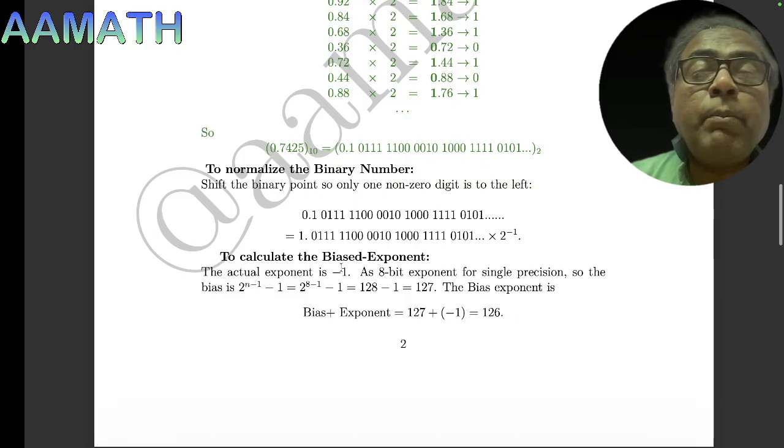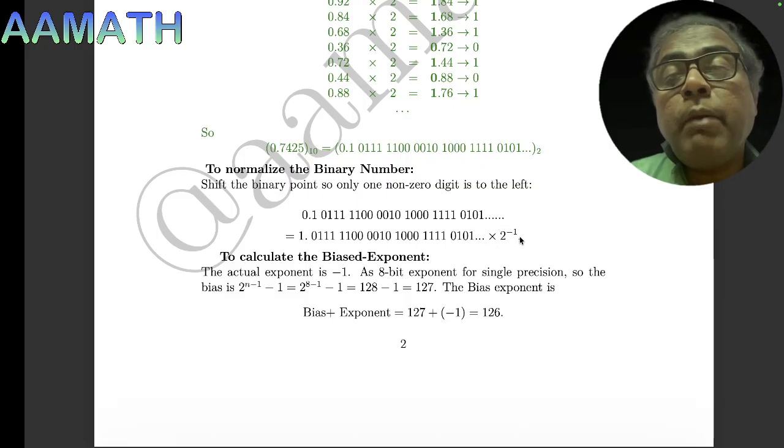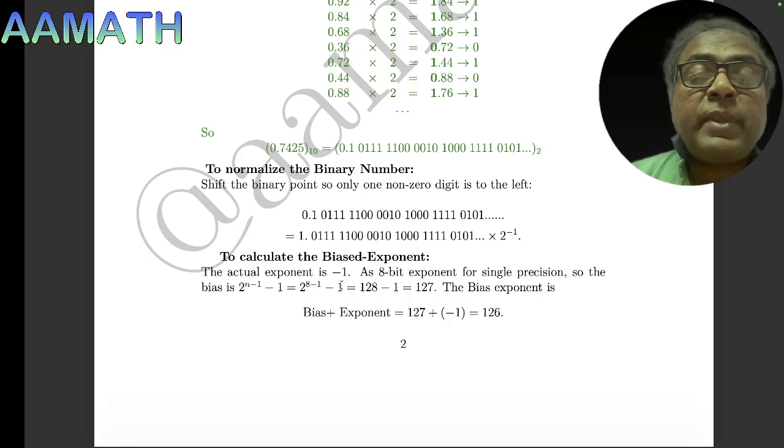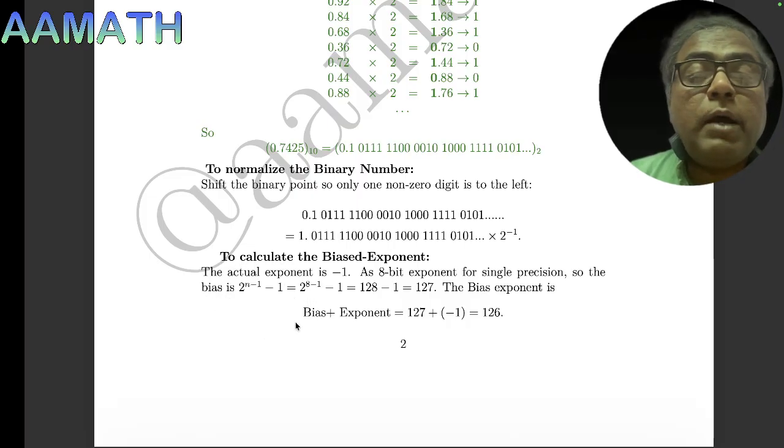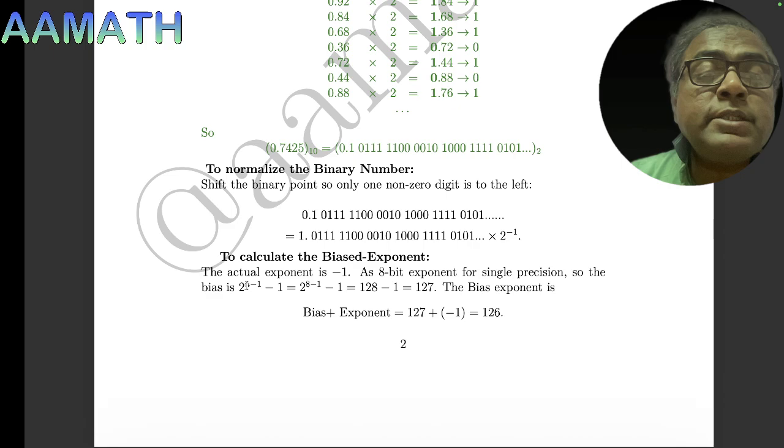Now we calculate the biased exponent. Here the exponent is -1. This is for the 8-bit exponent of single precision. The bias is 2 to the power n minus 1, minus 1. This is the formula for bias. Here the exponent is 8 bits, so the value of n is 8.